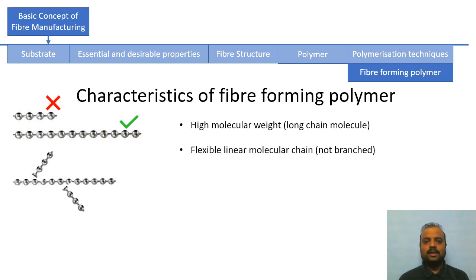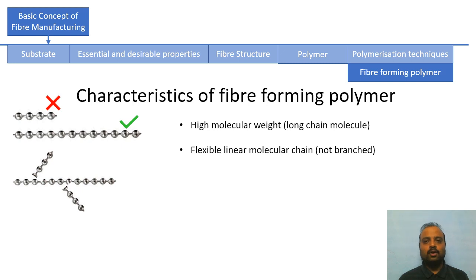The second characteristic of a polymer is flexibility. That is, a flexible linear molecular chain, not branched. As here in this figure, you can see this polymer is having a branched structure. Branched polymer is not suitable for fiber formation.